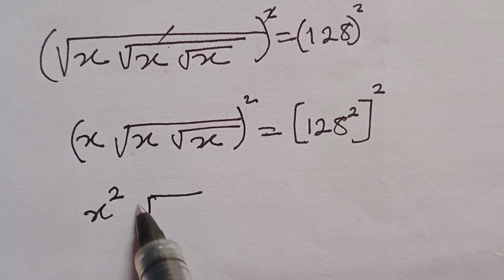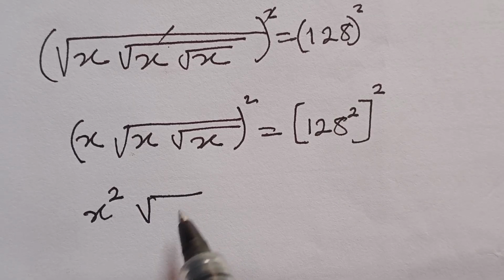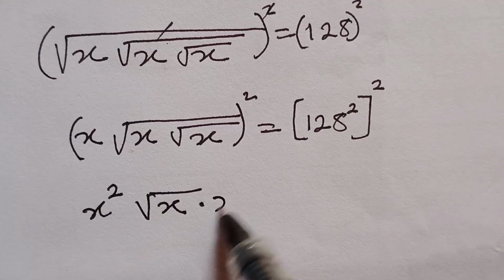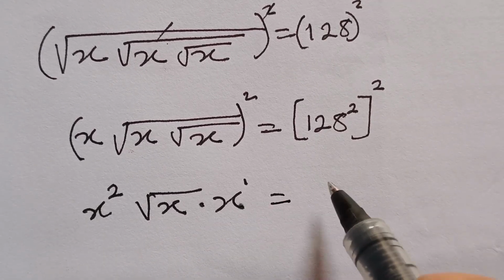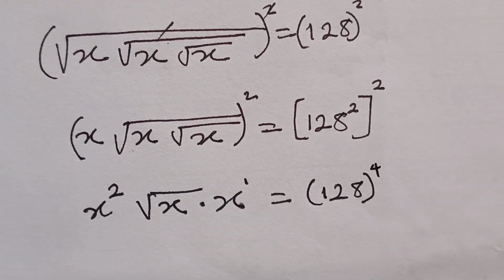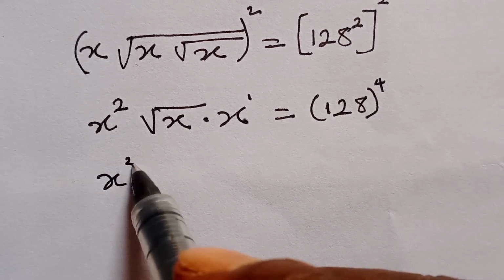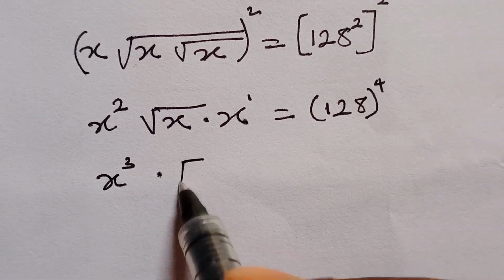Thereby, we'll now be having x square root of x, then dot x to now be equal to 128, everything raised to power 4. Because according to the law of indices, power multiplied by power will give us the product of the powers.